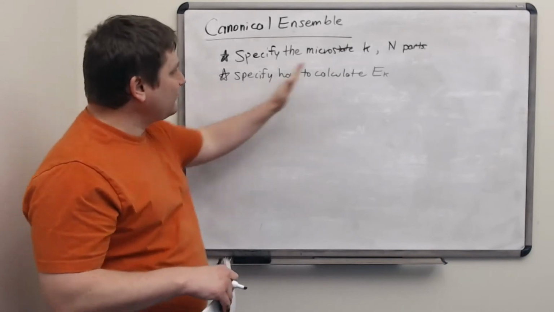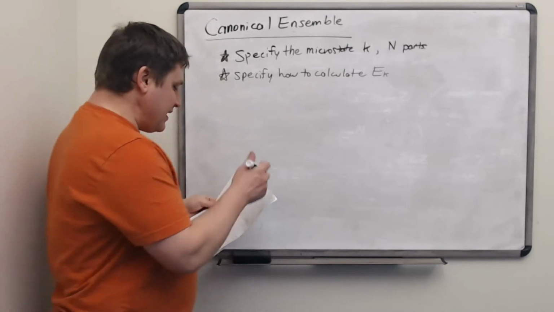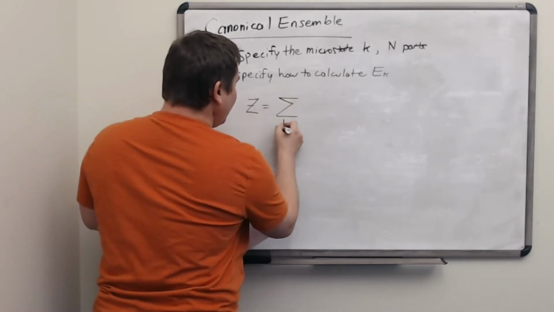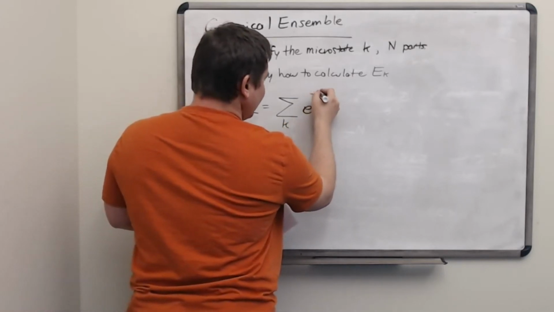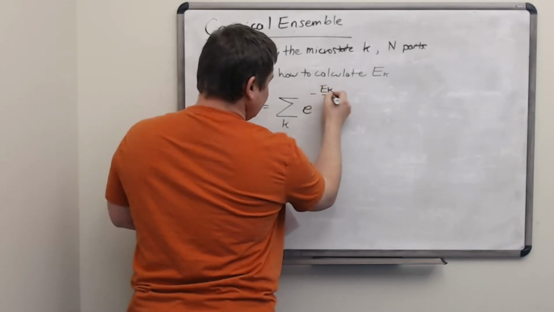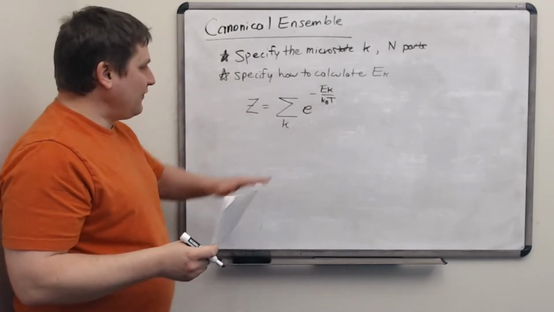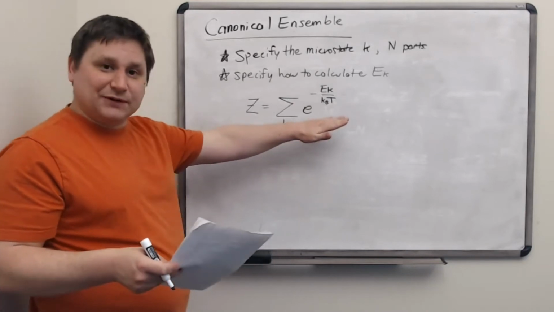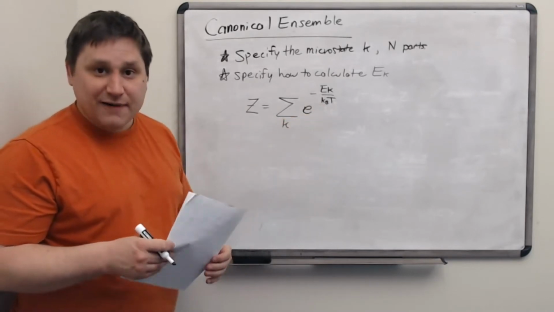We write all of the microstates, we specify how to calculate all of their energies, and we just go ahead and sum over all possible microstates the Boltzmann factors. Now this sum could be possible to do and simplify, or it could be a dead end and we just have to calculate it numerically.